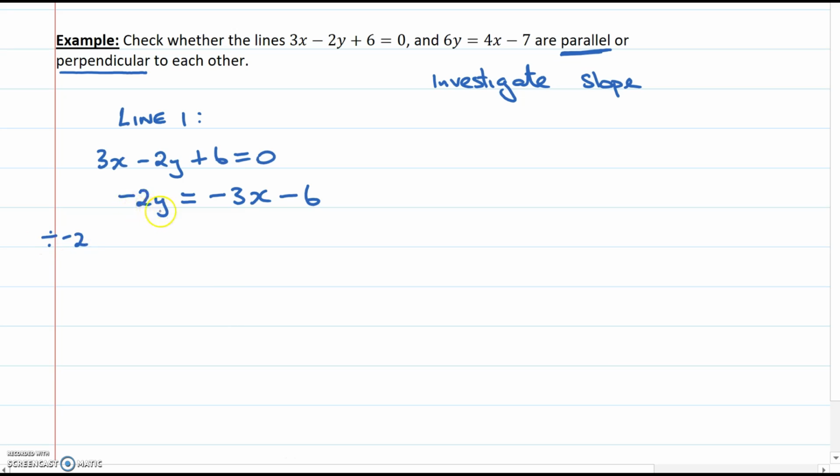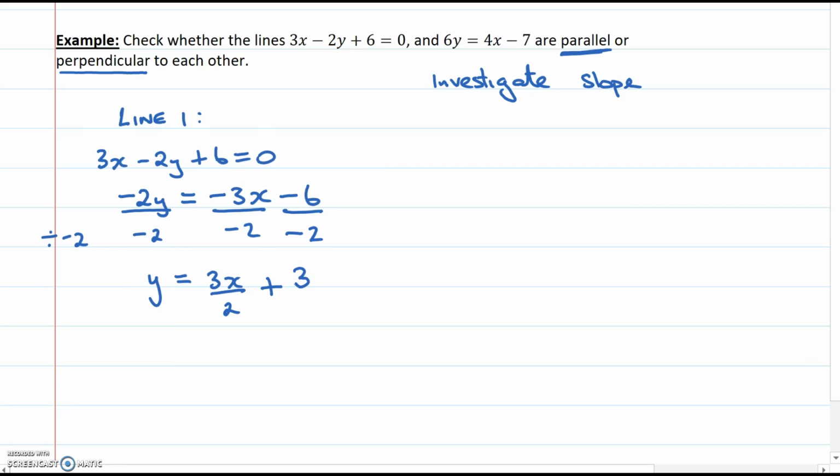Now if we divide everything by minus 2, the minus 2's will cancel there, so y is equal to 3x over 2, and minus 6 over minus 2. A minus divided by a minus is a plus, and 6 divided by 2 is 3.